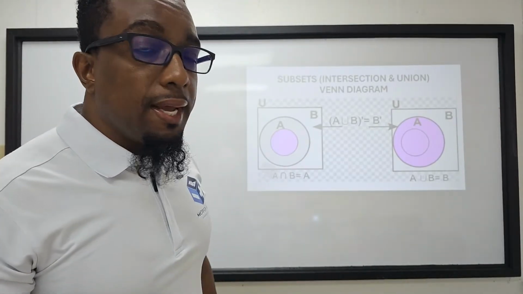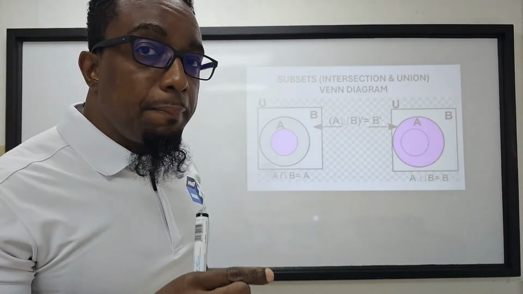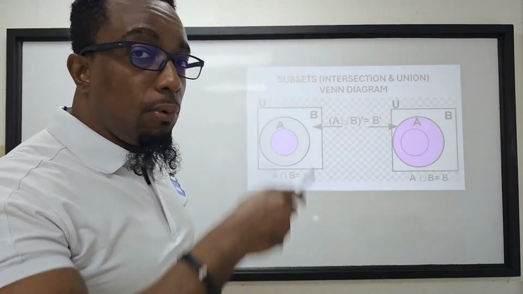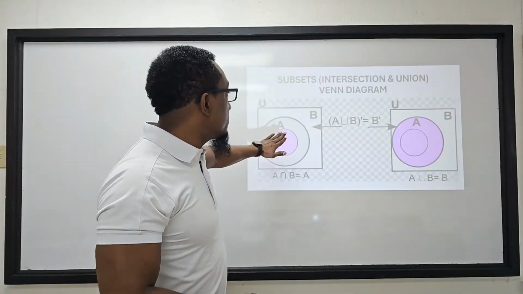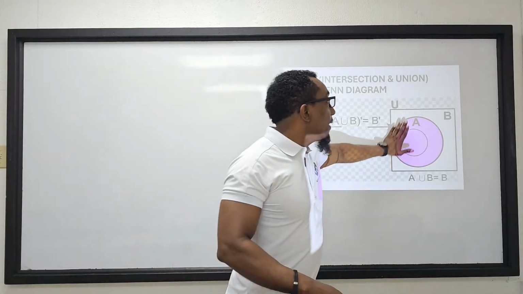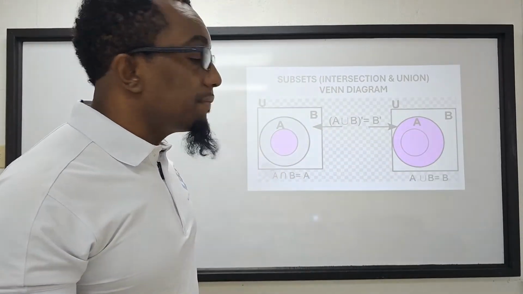And this occurs when we have one set being a subset of the other. Okay? So we draw one circle inside the other. And here, the intersection is represented by A, and the union is represented by B. And I'll show by means of an example.